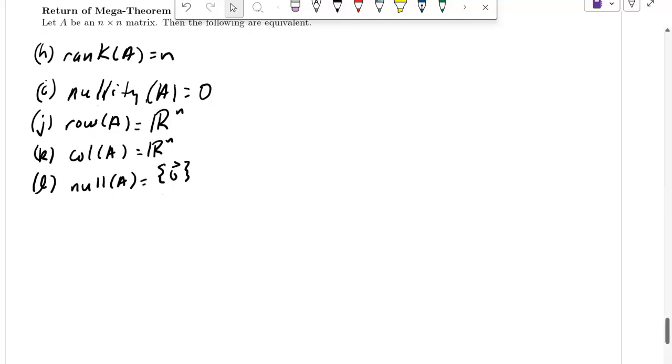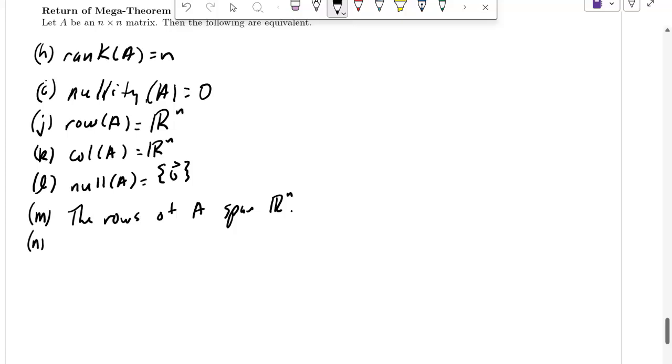All right, so then there's a few here that talk about what we just mentioned. If the rank is n for a square matrix, then I get a pivot in every row. And that tells me that the rows of A span Rn, right? That's how we got span. We agree? Okay.